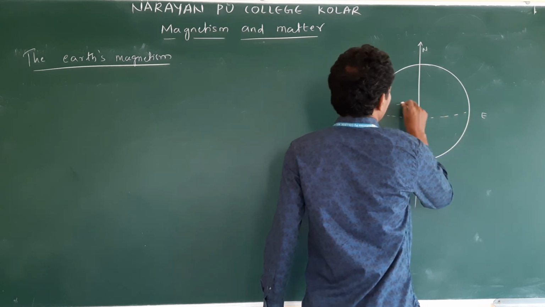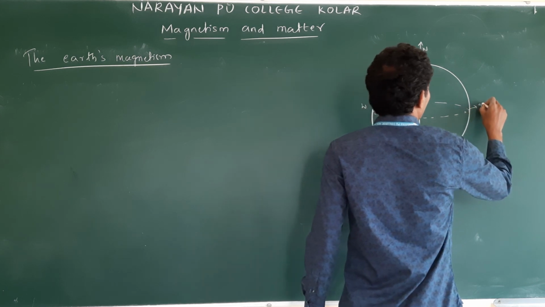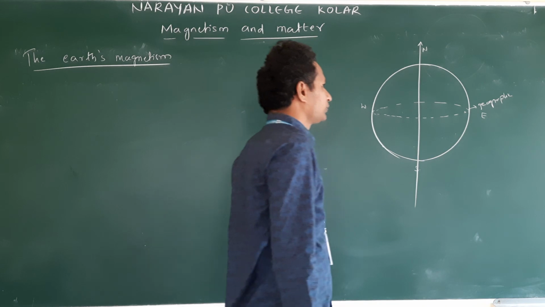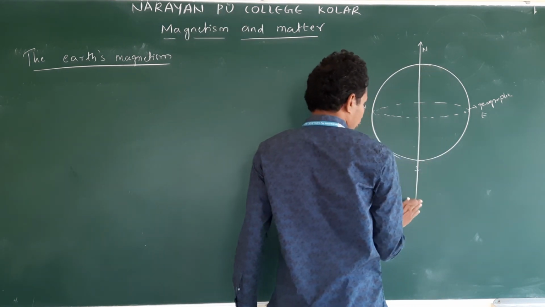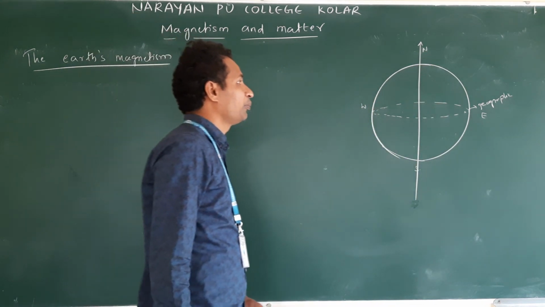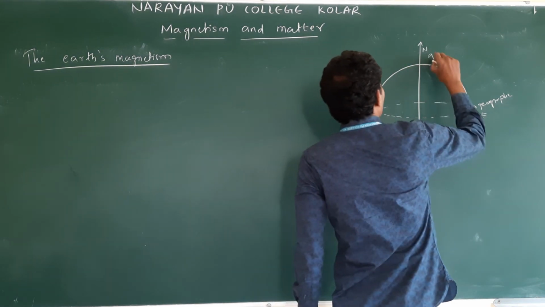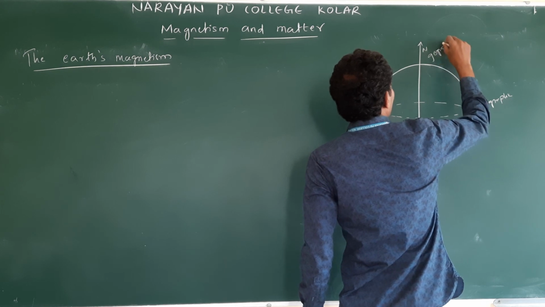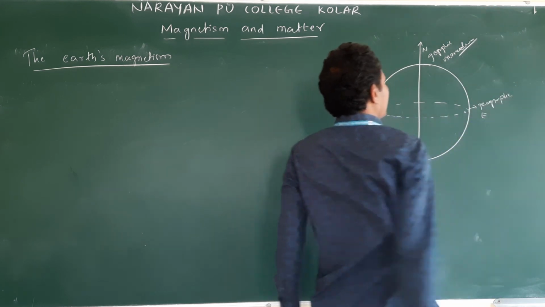You have already studied this in geography. The line passing through the North Pole and South Pole, geographic north and geographic south, is the geographic meridian.